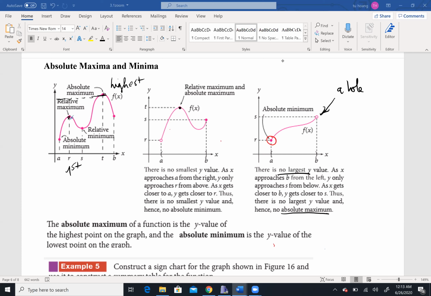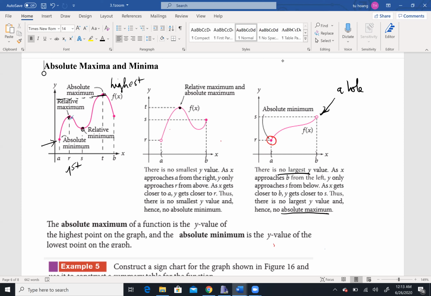For example, in number 1 here, we have a relative minimum at this point, but it is not the lowest. The lowest value of y is here, and we call it the absolute minimum.